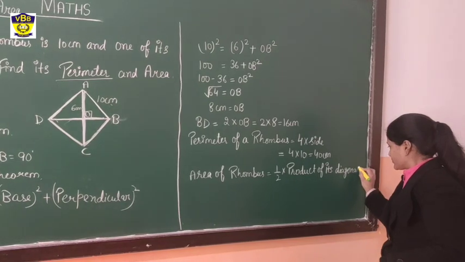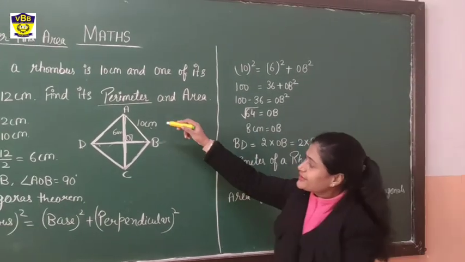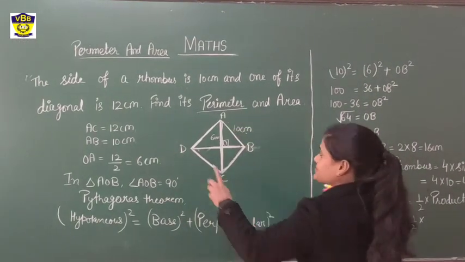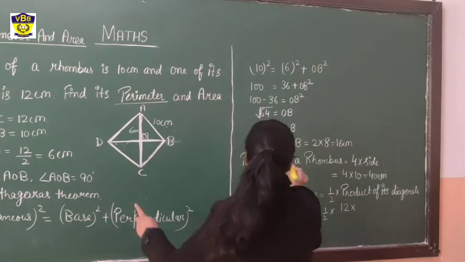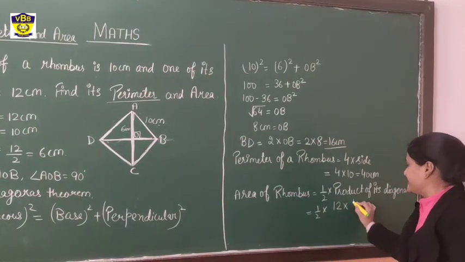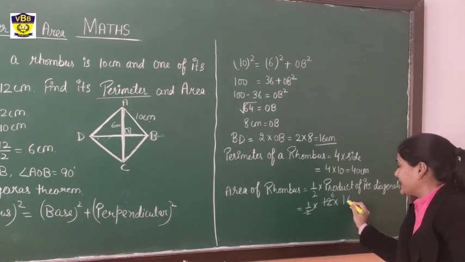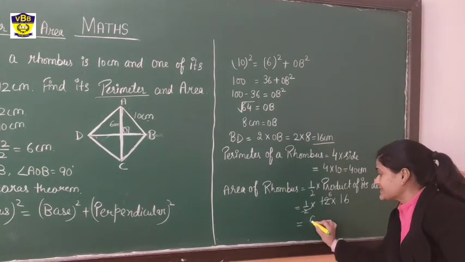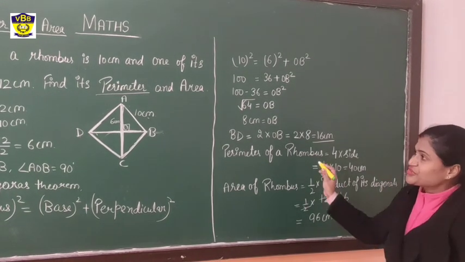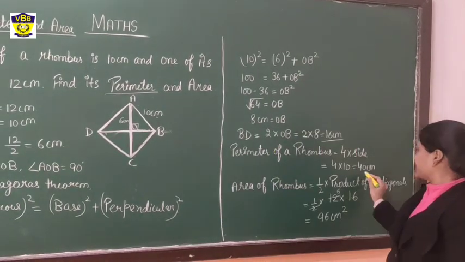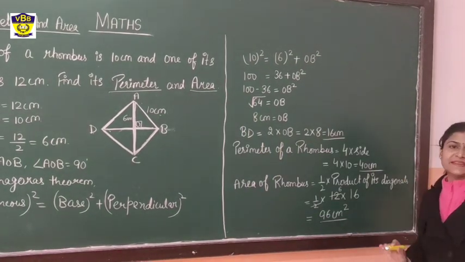Half into, what is the value, write it here, 2 6, 16 6, that is 96 centimeter square. So we found the perimeter, that is equal to 40, and the area, that is equal to 96 centimeter square.